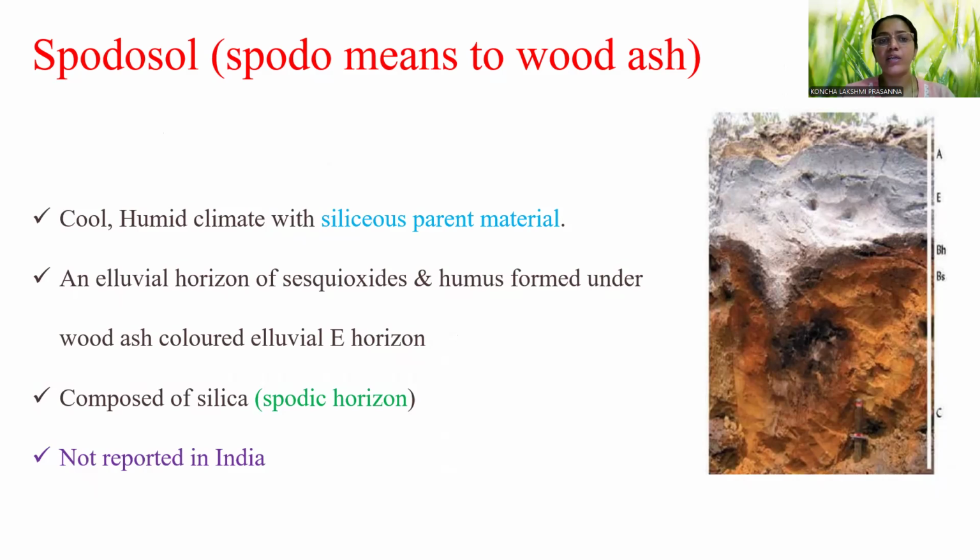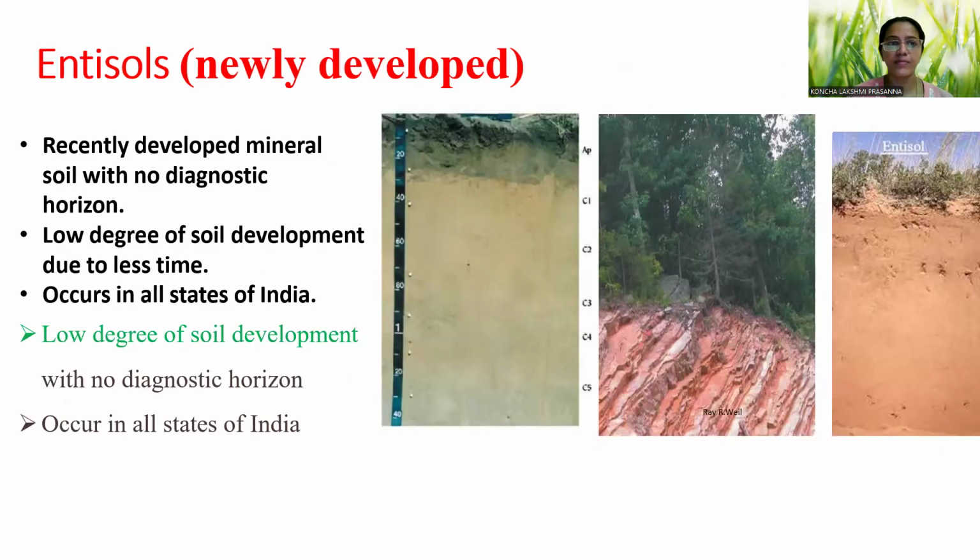Here the important point is that spodosols have siliceous parent material and also have the spodic horizon with illuviation horizon having the sesquioxides and humus. Entisols are the newly developed soils with no diagnostic horizons, low degree of soil development due to less time.